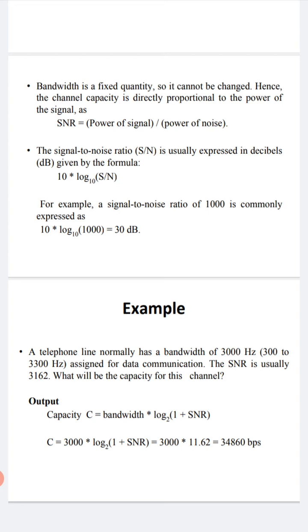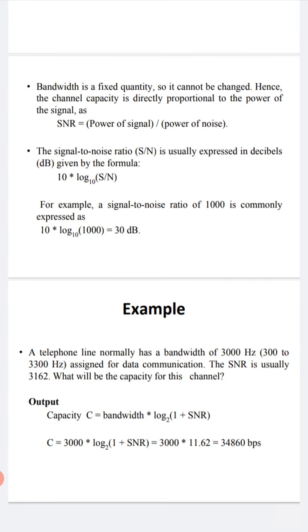So the capacity C equals bandwidth 3000 into log 1 plus SNR value 3162 to the base 2, which is equal to 3000 into 11.62, that is equal to 34,860 bits per second.